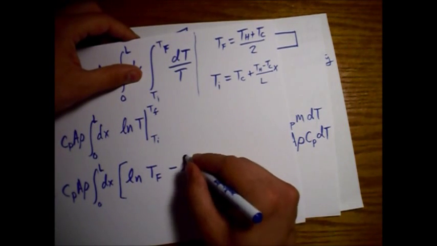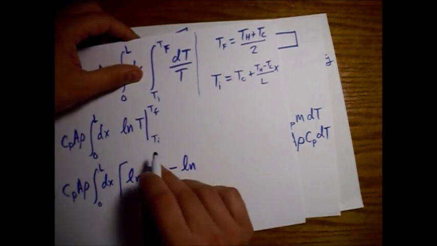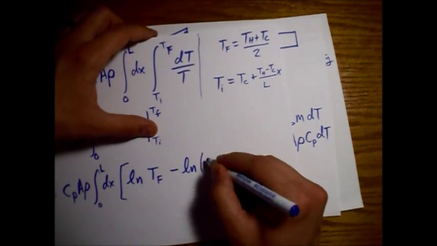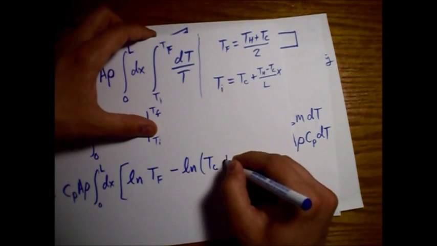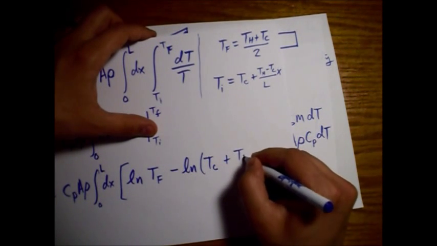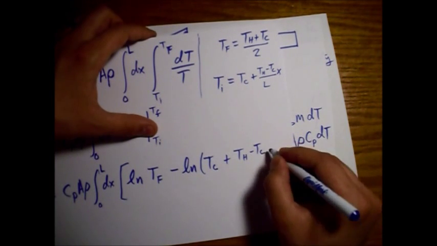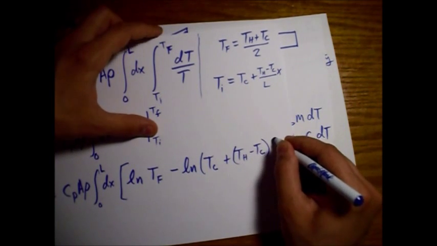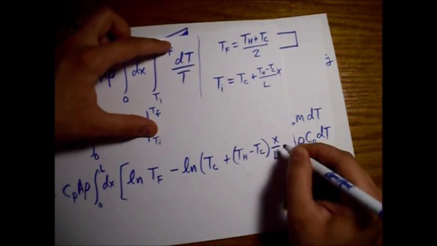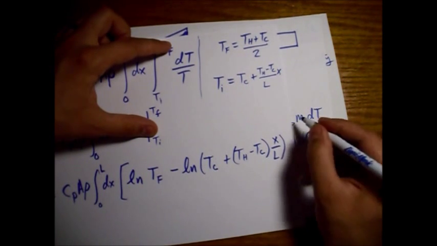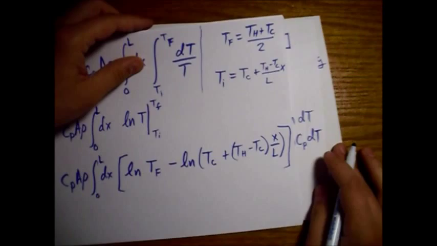Minus natural log of, okay, so now we plug in our Ti. So we have a TC plus TH minus TC, this, and then an X divided by L. Okay.